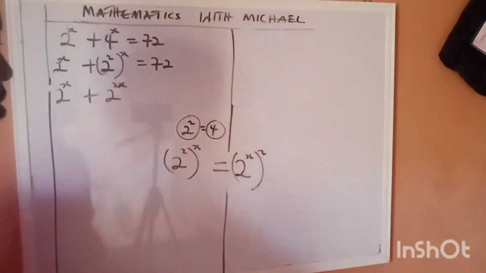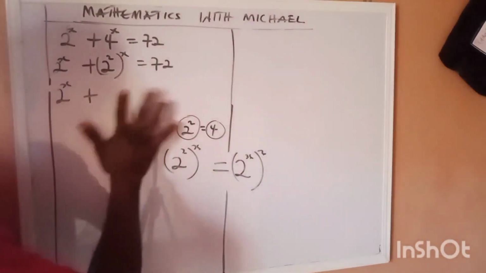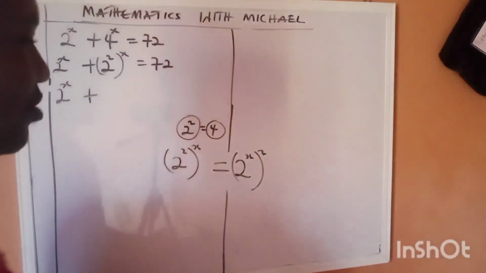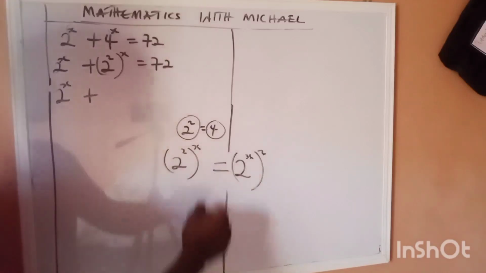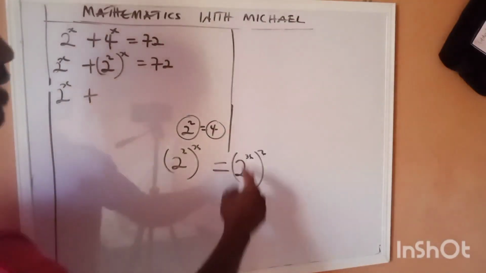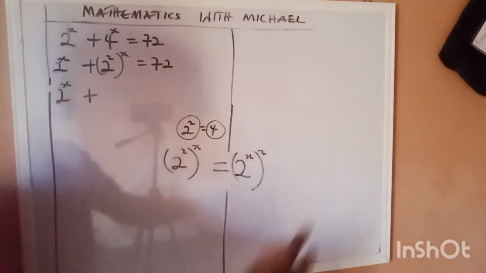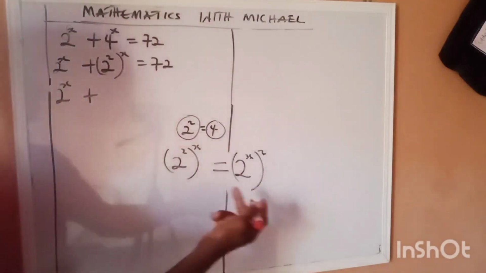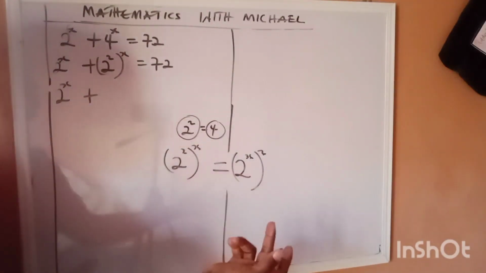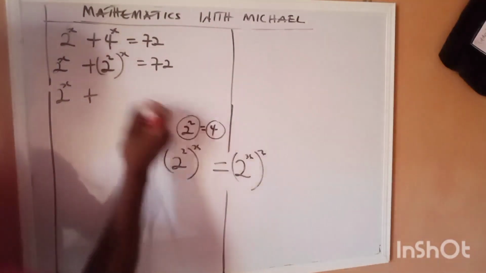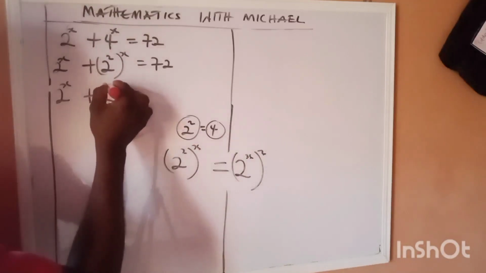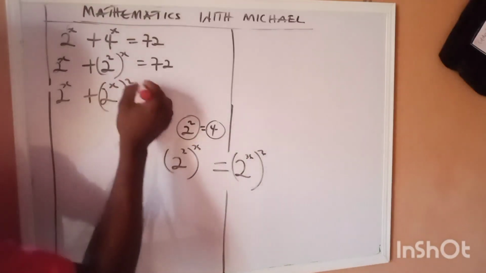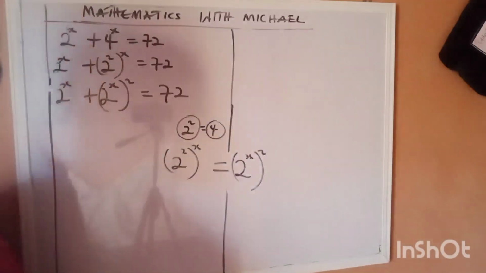They are both correct. So instead of writing 2 raised to power 2 and raised to power x, I'm going to write 2 raised to power x and raised to power 2. So I'm just interchanging it. Since the two of them are equal to each other, I chose to write this. So I have 2 raised to power x and raised to power 2 equals to 72.